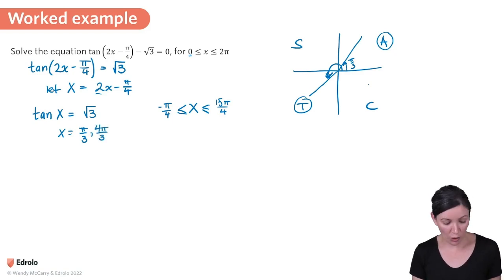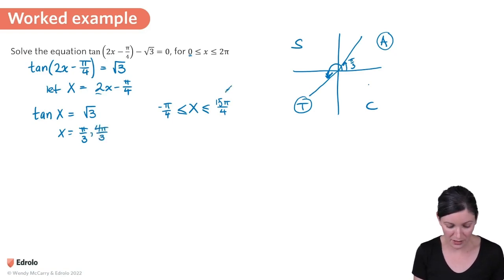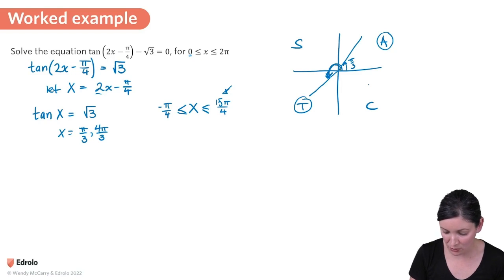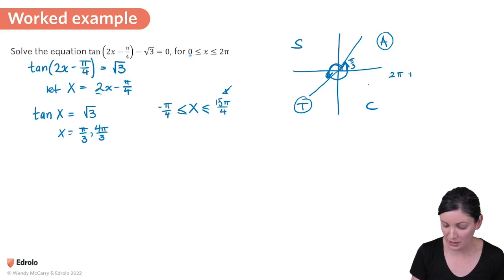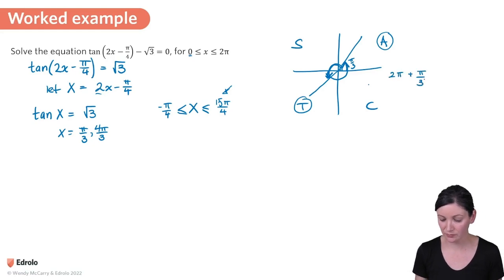Okay, I need to keep going because my upper bound here is 15 pi on 4, which is almost 4 pi. So my next angle would be, going all the way around back up to here, 2 pi plus pi on 3, which would be 7 pi on 3.